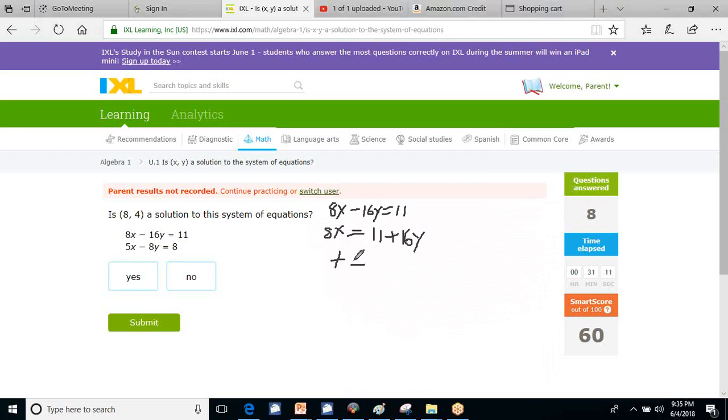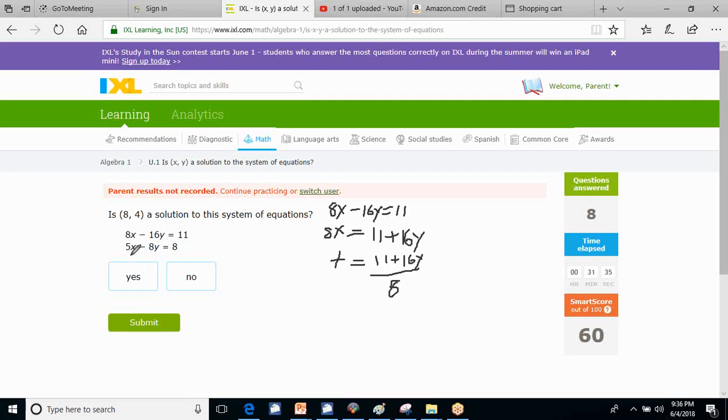So x is equal to 11 plus 16y over 8. So this is what x is equal to.